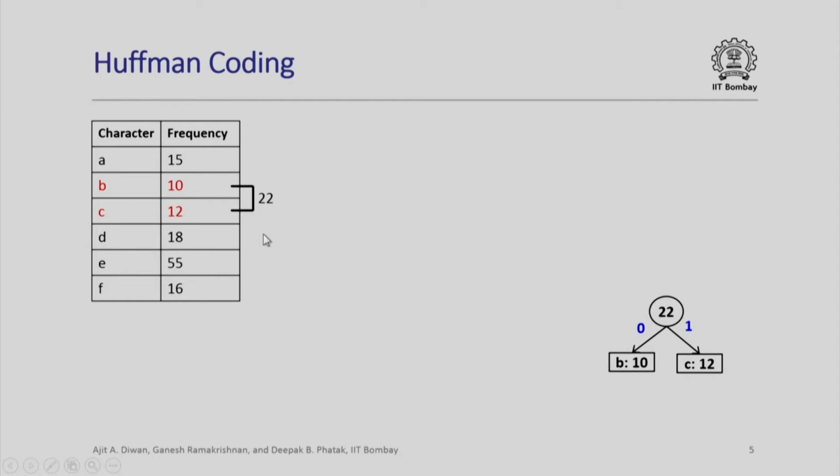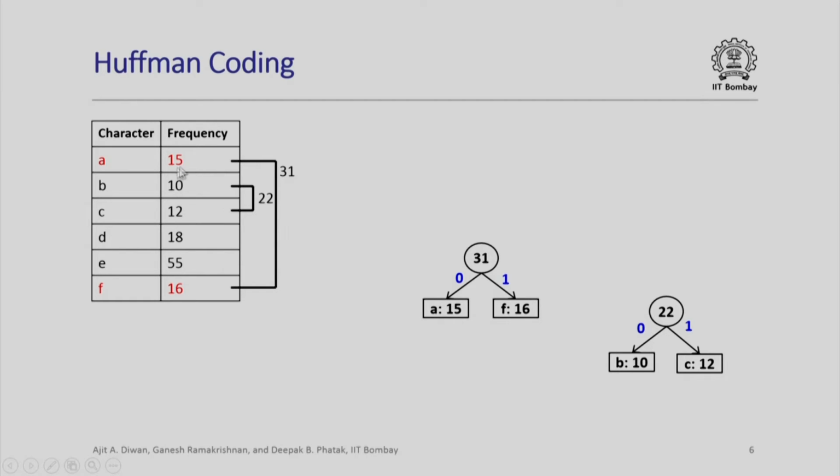Now, we have our table which has frequencies of 15 for A, 22 for B and C, 18 for D, 55 for E and 16 for F. We continue the same logic to build the tree. Now, we find that the two minimal elements are A and F, which occur 15 and 16 times.